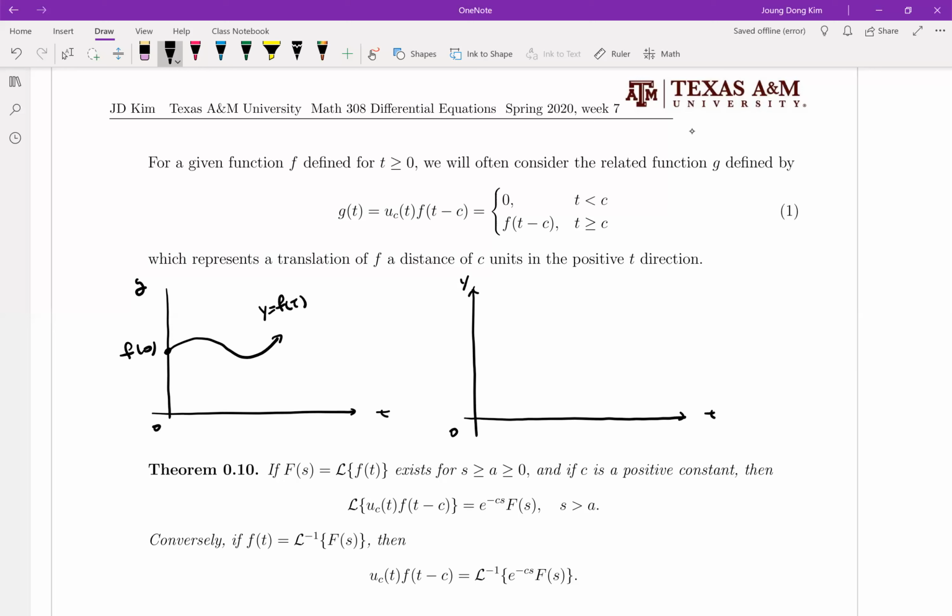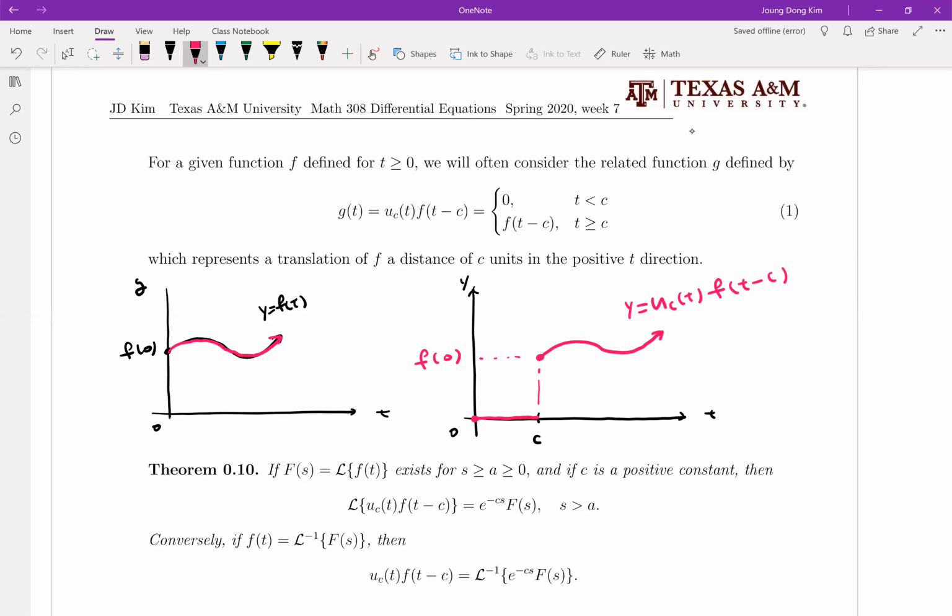Before c, it was 0. Let me use a different color. It was 0, but from that point, it's the same function. This is u_c(t) f(t - c). So that point is the f(0) point. It is shifting. Not cut, but shifting.